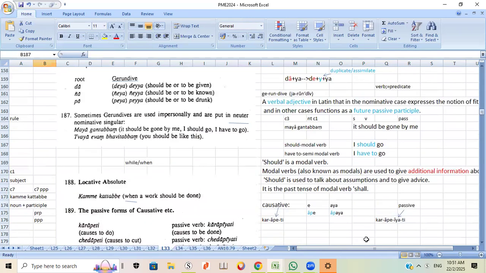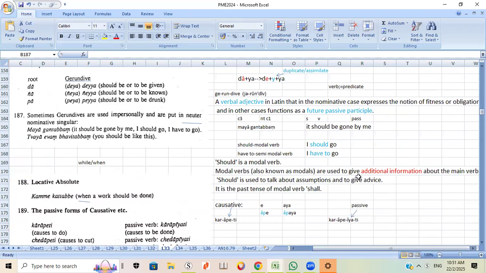Just now we were trying to give additional information about the main verb. So it depends on how you understand your English. So this is the one that always changes the translation. That's why this book translates like that, the other book translates like that, because of English.